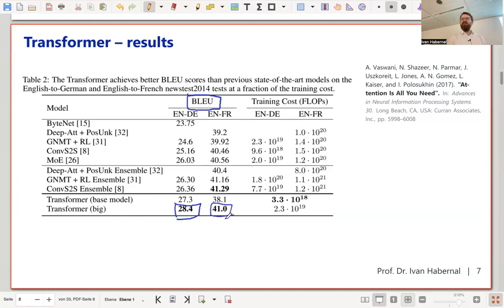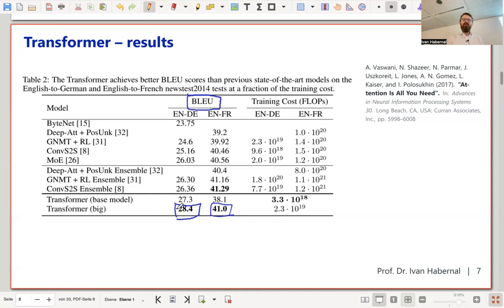Typically the bold numbers mean the best result in the table. So if you create a new model, you want a table where there is something like our model and everything is bold, because you're just much better than the other papers. I don't know what these are, some deep networks, ensembles, some sort of machine translation systems.